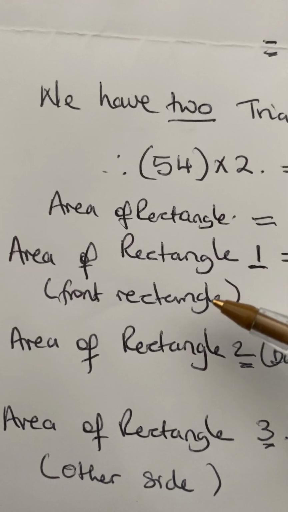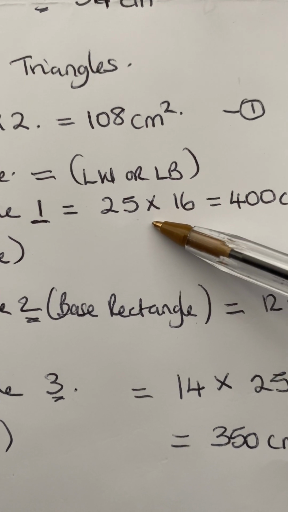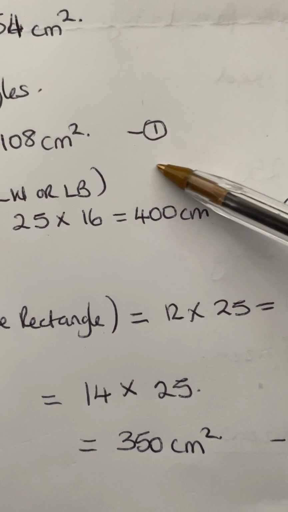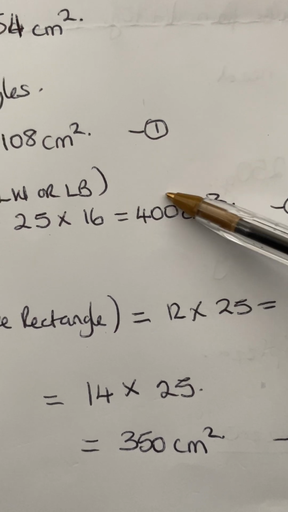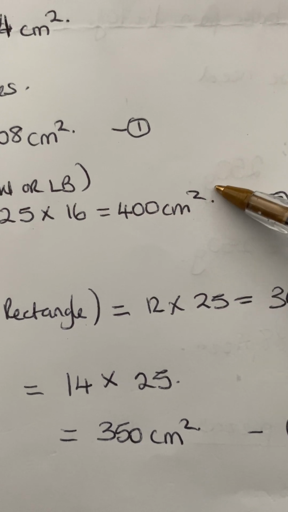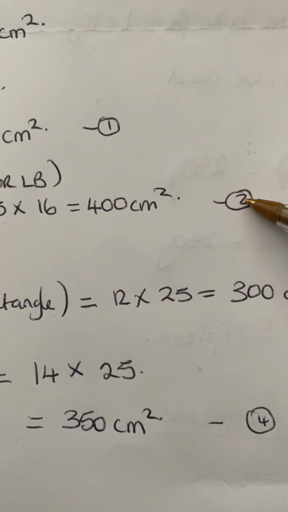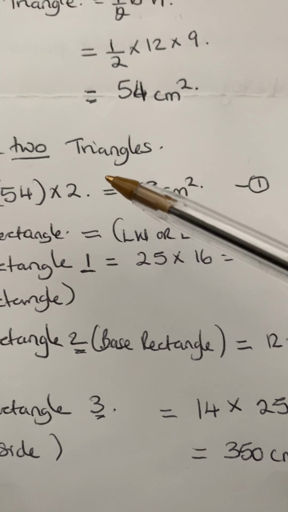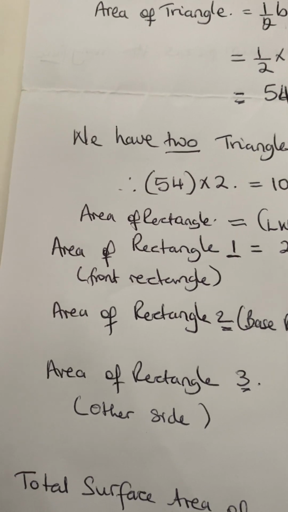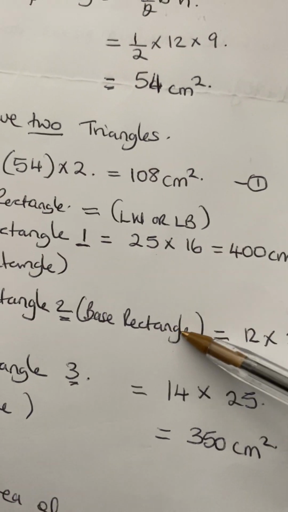If you do it correctly on your calculator, you should get 400 centimeters squared. Okay, we label the area of the two triangles 1, and this one 2.